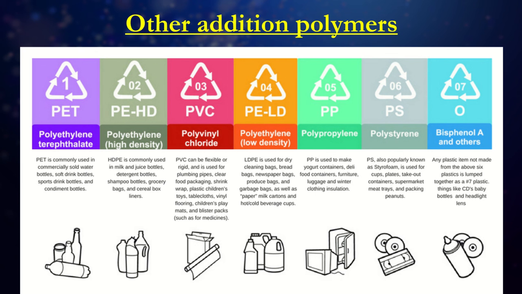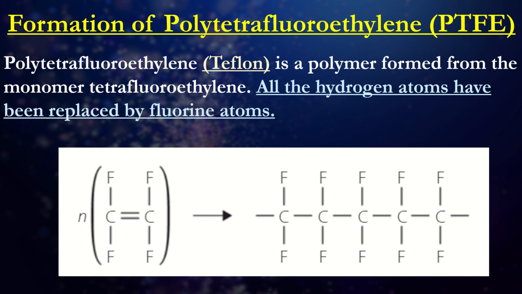And then the last one we haven't quite talked about is the polytetrafluoroethylene. This one here, PTFE or Teflon. I don't know if any of you cook at home, but it's the same sort of material they use for the Teflon frying pan.